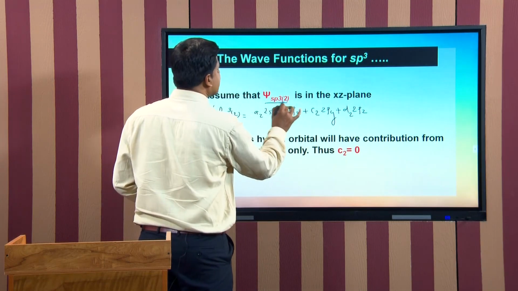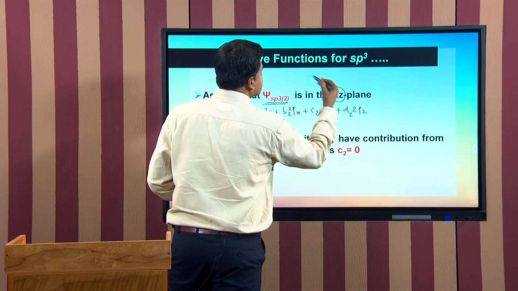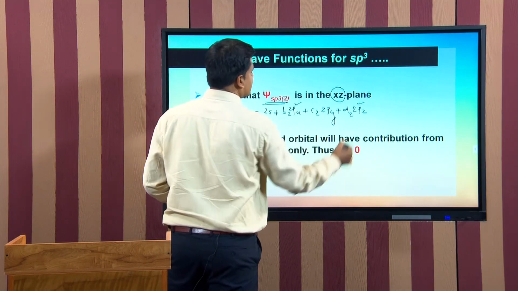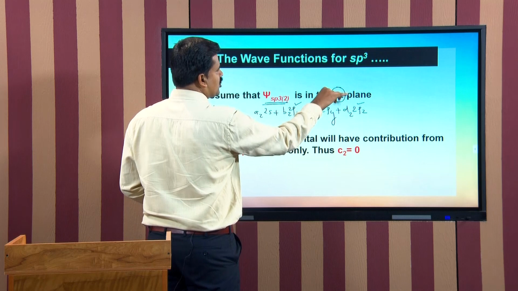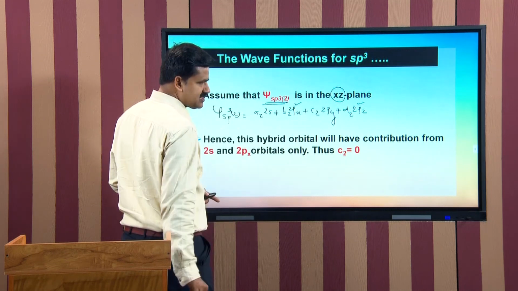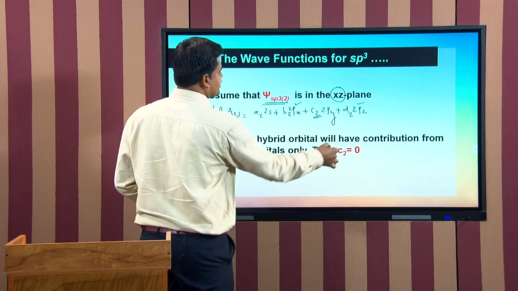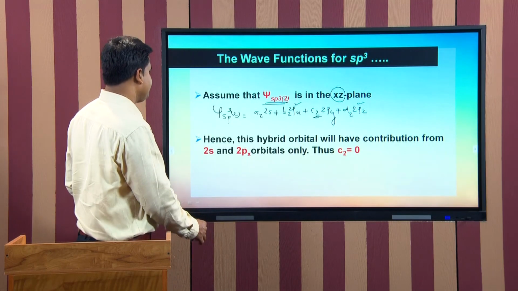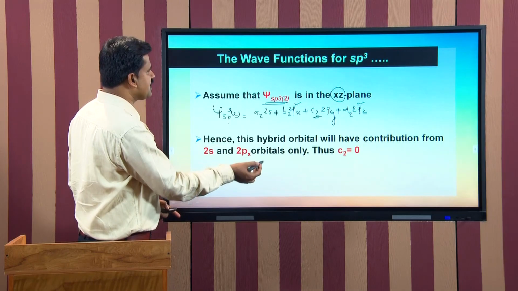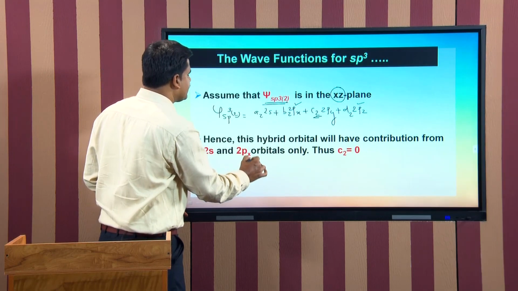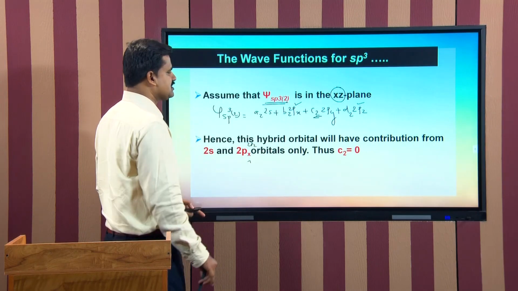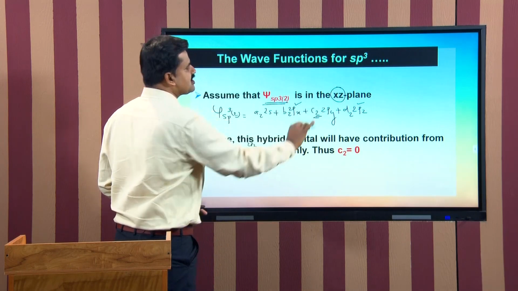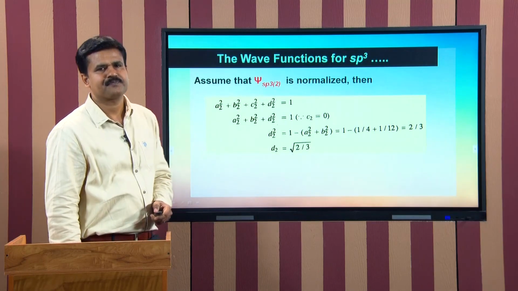Since psi sp3 2 is in the xz plane, 2px and 2pz are here, but the plane does not contain the y-axis. So, the coefficient c2 is equal to 0. Hence, this orbital will have a contribution from the 2s orbital, 2px orbital and 2pz orbital. It will not have any contribution from 2py.